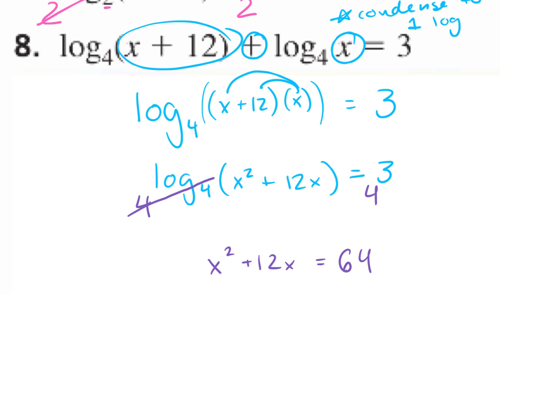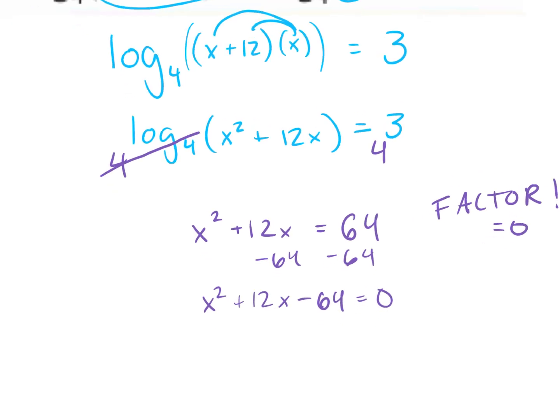What do I have to do next? Factor. So what do I need in order to factor? It's got to be equal to 0, so I've got to subtract the 64 to the other side. So x squared plus 12x minus 64 is equal to 0.